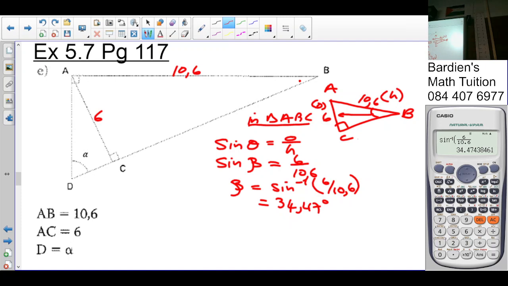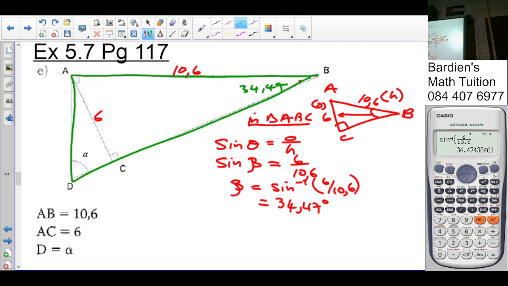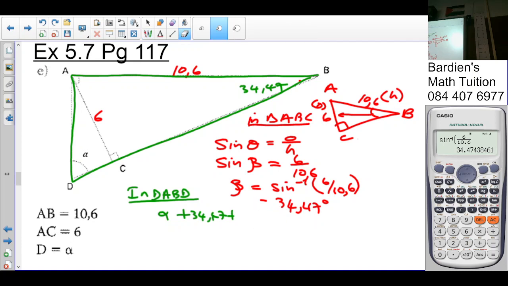But did we ever answer the question? No. Now we're going to go with the big triangle. Remember this now, 34,47. We're going to go with sum of angles in a triangle. So it's going to be alpha, in triangle ABD. Alpha plus 34,47 plus 90 is equal to 180.